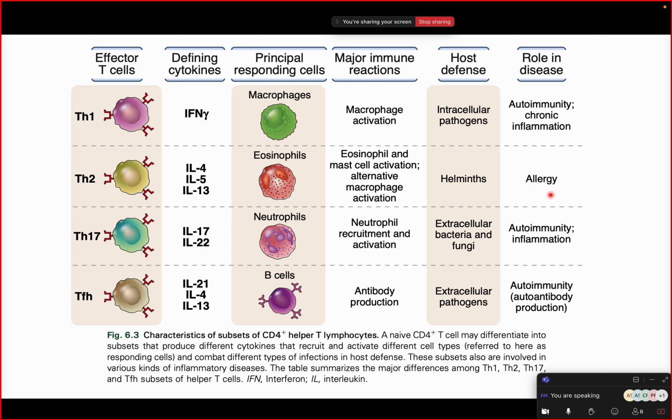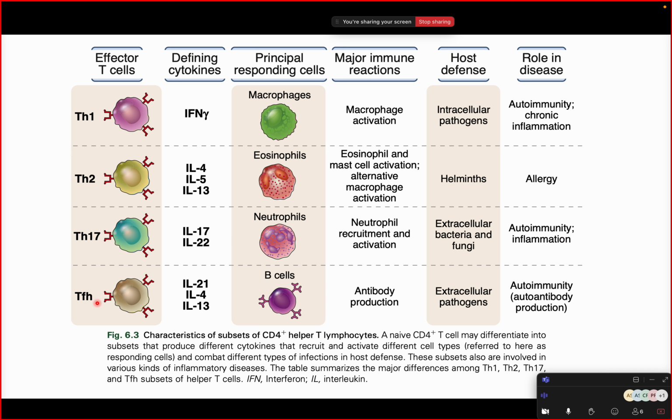So the umbrella term in which TH2 will play a major role will be allergy. TH17, on the other hand, will secrete IL-17, IL-22. Okay, they are majorly for extracellular bacteria and fungi. They play a major role in autoimmunity and inflammation.